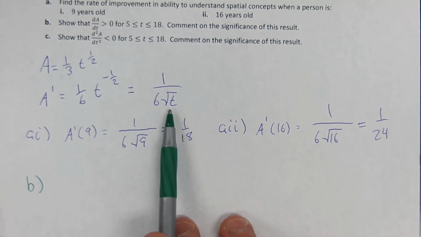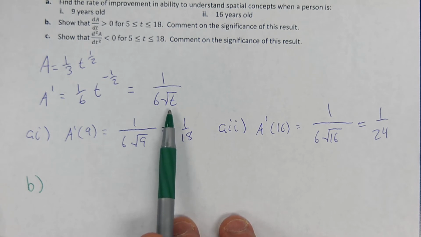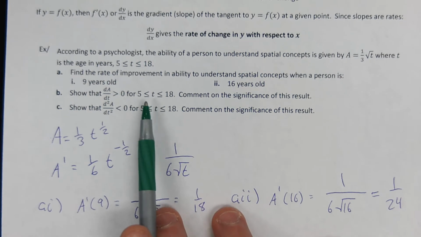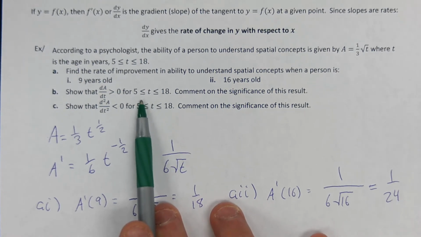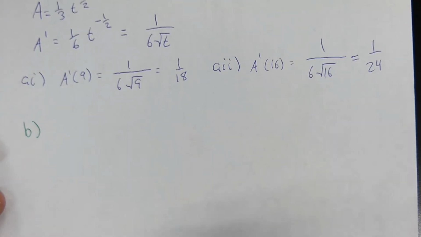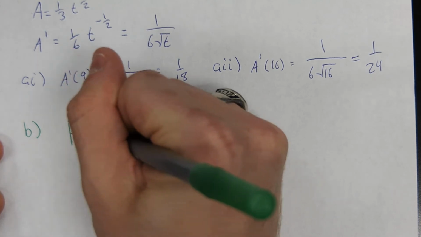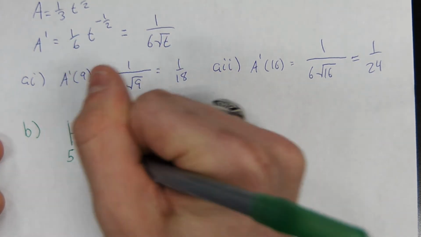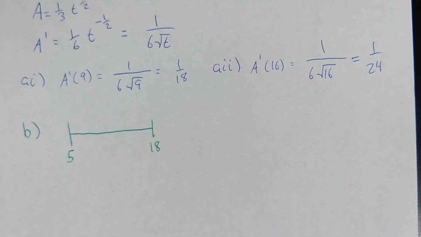It would be undefined. That's because you'd be talking about an infant that's fresh out of the womb. But we were specifically told between 5 and 18. So you have a sign diagram that has endpoints on it, 5, 18, without a single critical value in between them.